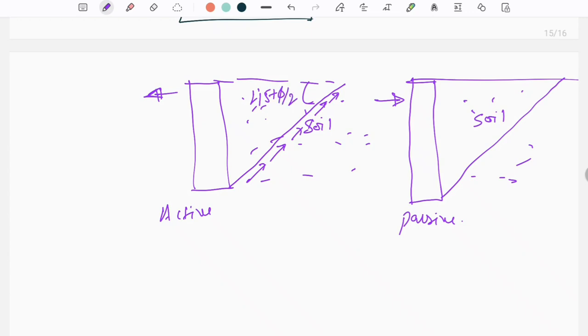In the passive case, the wall is towards the soil, meaning it pushes the soil. So the soil is pushed towards the right side, and the friction is generated in this direction. In that case this is 45 minus phi by 2. So you need to remember this.